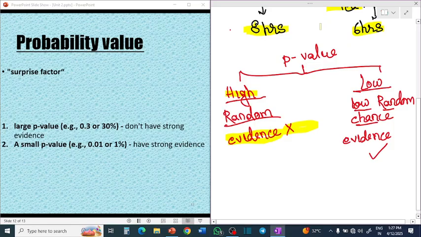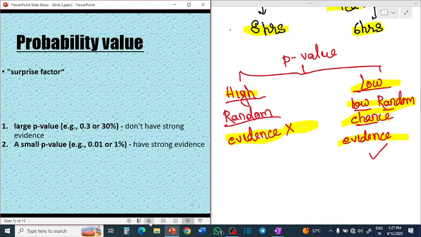And if your probability value or your randomness is low, then your test has strong evidence and will be accepted. Your test will have a low random chance. So this is p value.